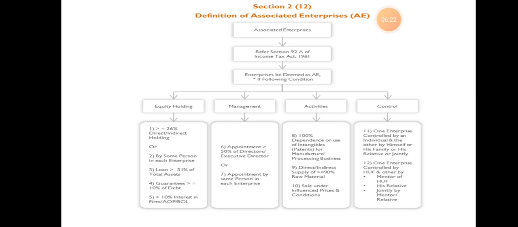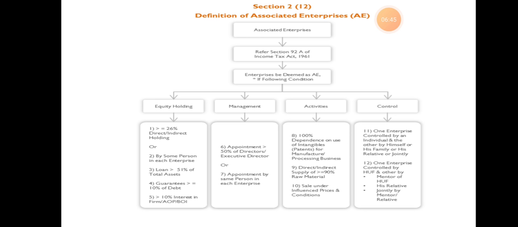If it is a guarantee, it is more than or equal to 10% of the debts, and more than 10% interest in a partnership firm or in an AOP, association of persons, or in a body of individuals. If they have equity holdings as per this definition, we call it an associated enterprise.